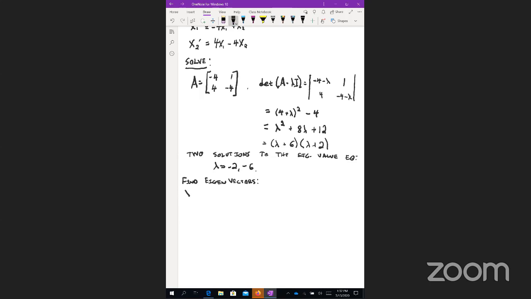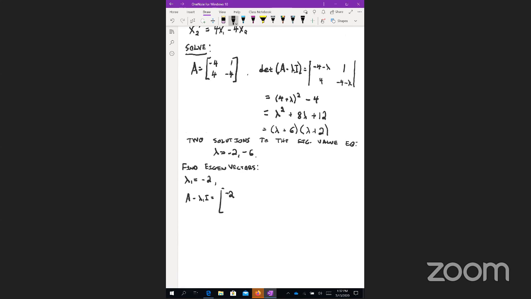We'll let lambda 1 be -2, then A minus lambda 1 I is going to be what? -2 plus 2 is 0... the matrix is -2, 1, 4, -2.